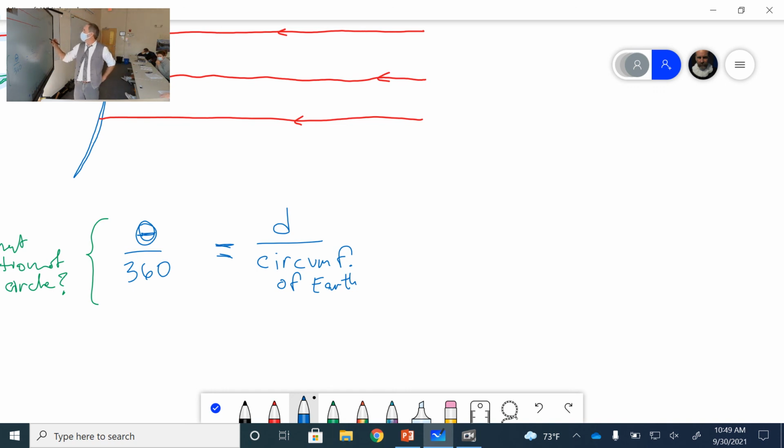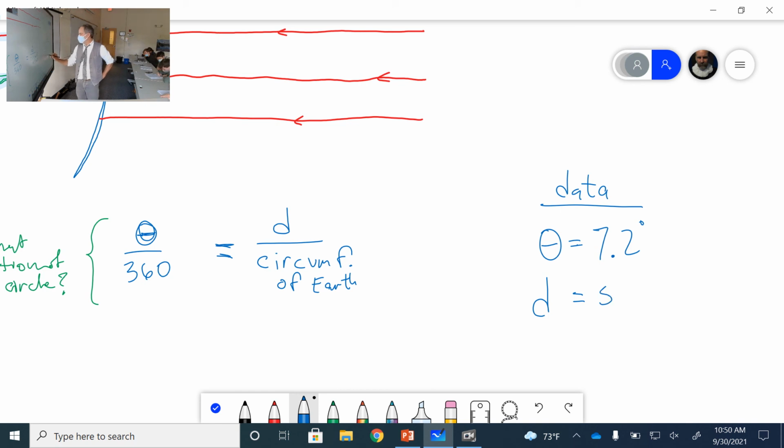Eratosthenes said the following: theta, if I recall correctly, was 7.2 degrees, and the distance we're talking about was equal to 5,000 stadia, which was the unit of measurement back then.